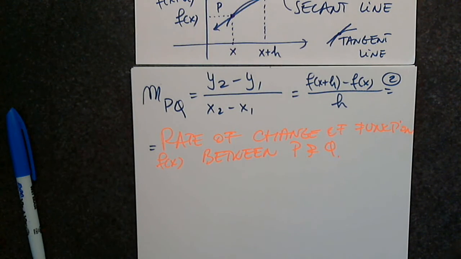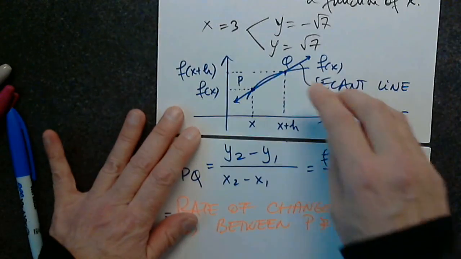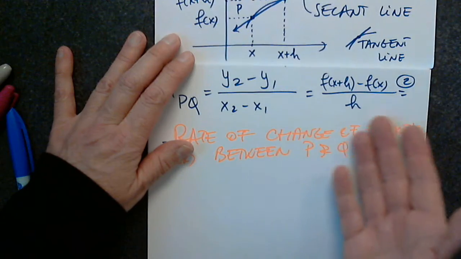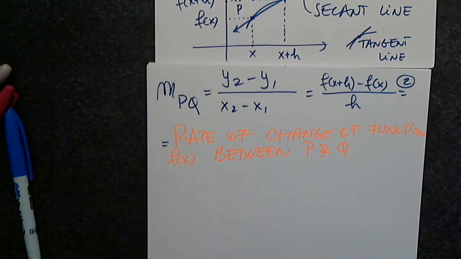Now, we do not do this in this class, but since Q is very, very close to P, this number or quantity, it could be a number, it could be a function as a result, will really give us very close to the instantaneous rate of change at a point. Not just the average rate of change between 2 points, but almost the rate of change at that point, at P. What's the difference between average rate of change and instantaneous rate of change?